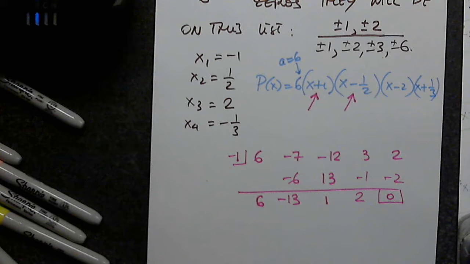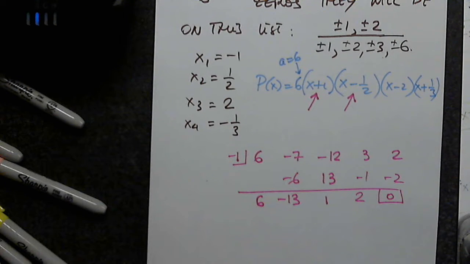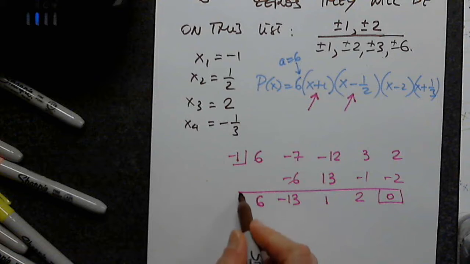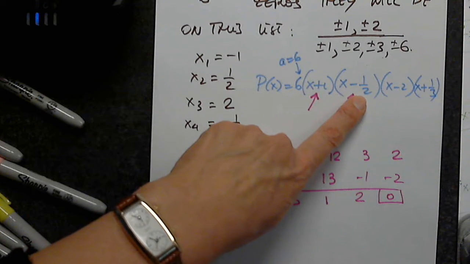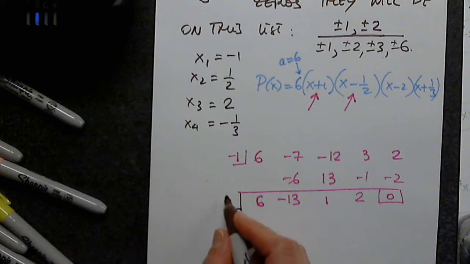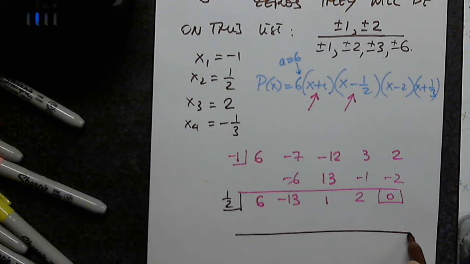Now I know that I can continue. I'm going to continue with a different color, with 1/2. Yes, very good. What should the remainder be when I'm done? 0. Yes, because I already know that x minus 1/2 is a factor.